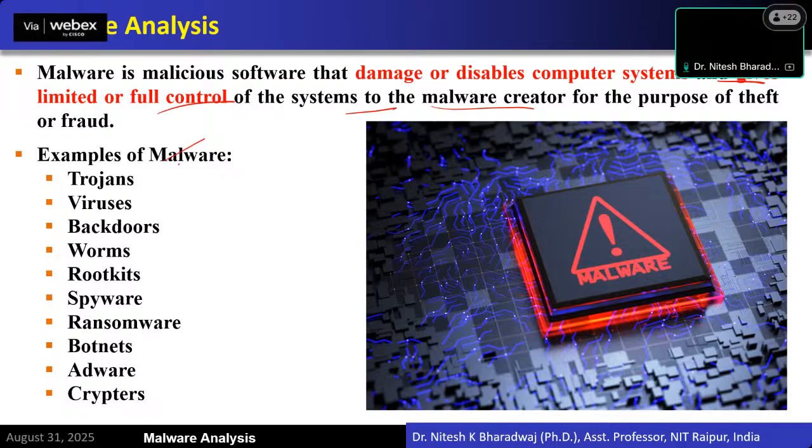If you see the examples: Trojan horses, viruses, backdoors, worms. A backdoor is, for example, SSH running on port number 22. Once you try to log in to the victim or host system, if we know the IP and this port, a one-time password is asked during login.